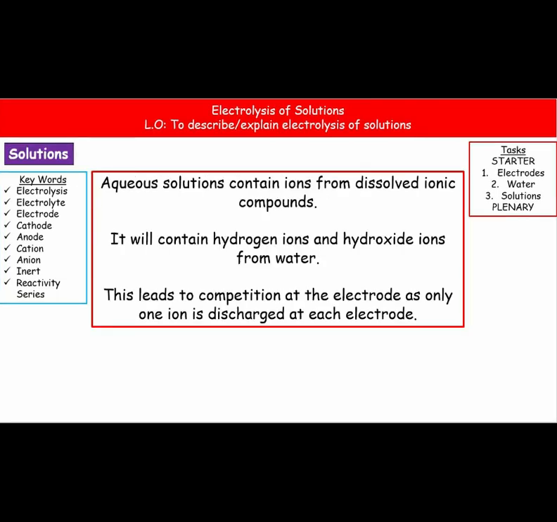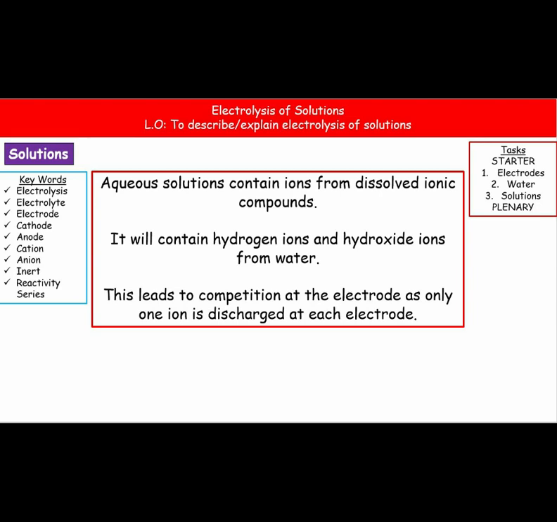So the reason that we've actually looked to see what happens with water during electrolysis is because in this lesson we're really concerned with solutions, so where we've dissolved a solid in water. Now, any aqueous solution will contain the ions from that dissolved ionic compound, but it will also contain those hydrogen and hydroxide ions from the water. Now, what that tells us is it's not quite as clear cut as what we're going to make.